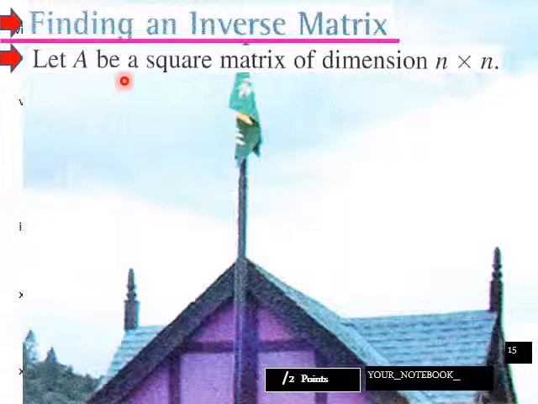Find an inverse matrix. Let A be a square matrix of dimension n times n.